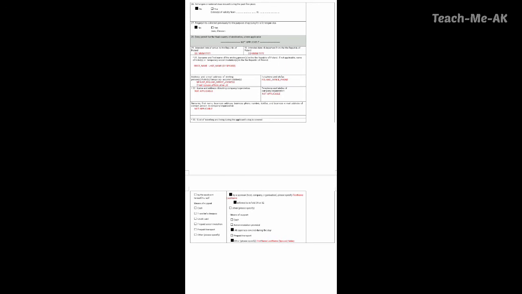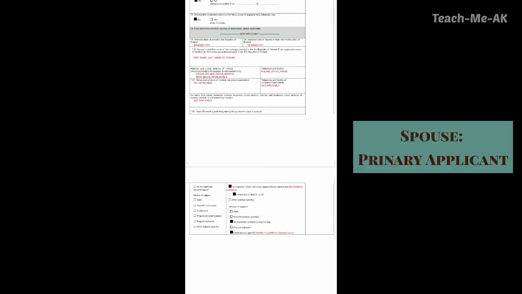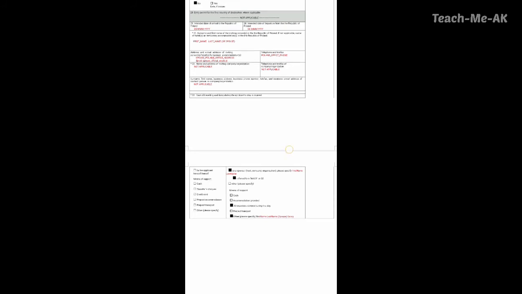And the sub question of 31, address and email address of the inviting person. Please mention here your spouse's Poland office address and also the email address of your spouse, which should be an official email address. Similarly, for the telephone and telefax, please mention your spouse's Poland office telephone number here.